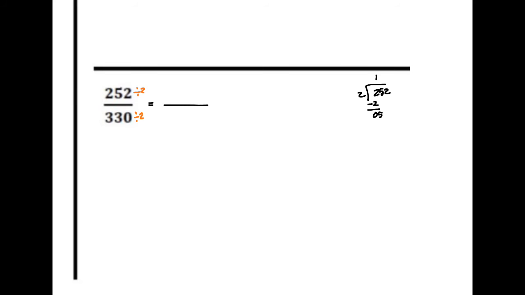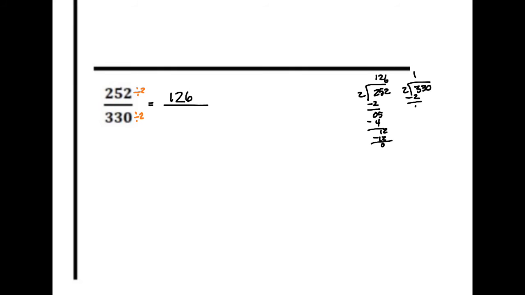The benefit of using bigger numbers is you don't have to do long division as often. So 126. Now 330 divided by 2.